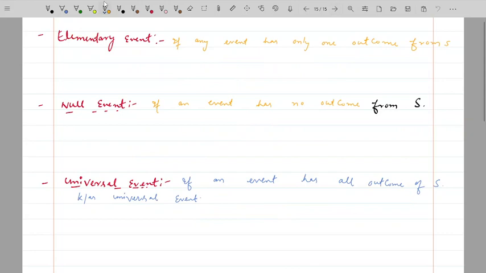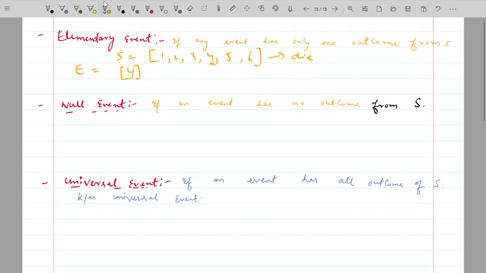What is an elementary event? If any event has only one outcome from the sample space S, where S is a sample space, 1, 2, 3, 4, 5 and 6. Suppose in case of a die, if you throw a die, the total number of possible outcomes is 6, and at any particular event you will get only, suppose, 4, and this 4 is a subset of this sample space.